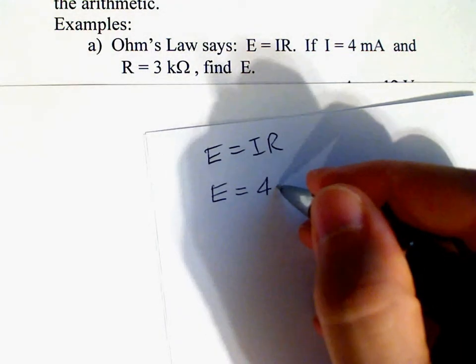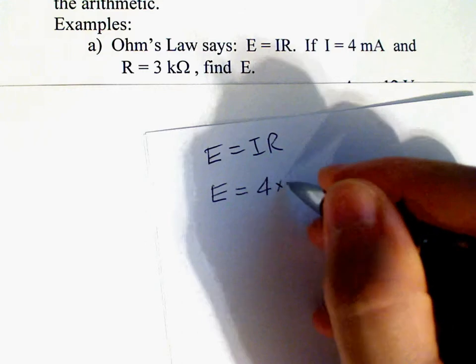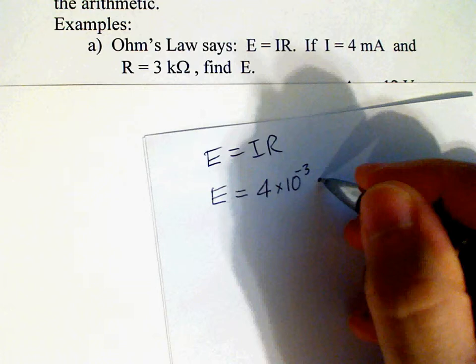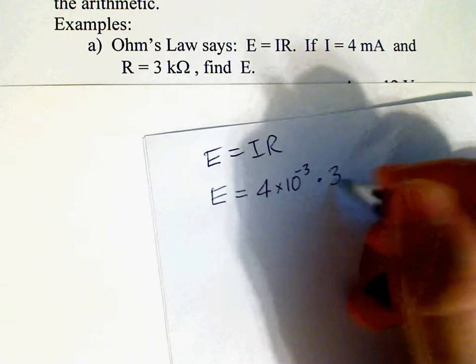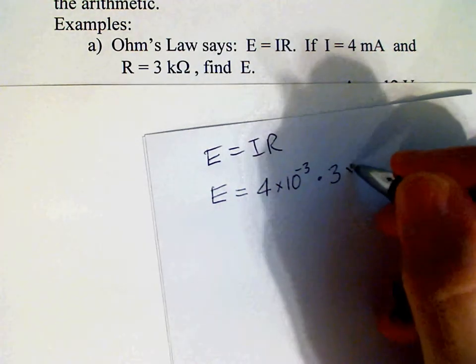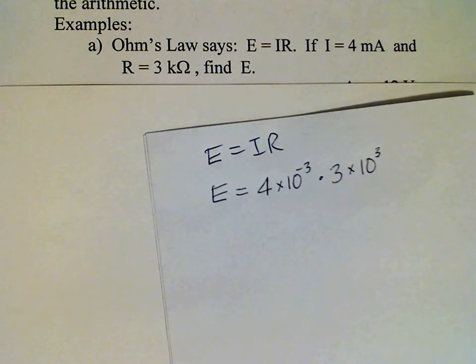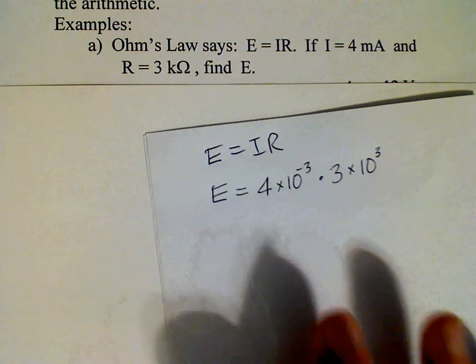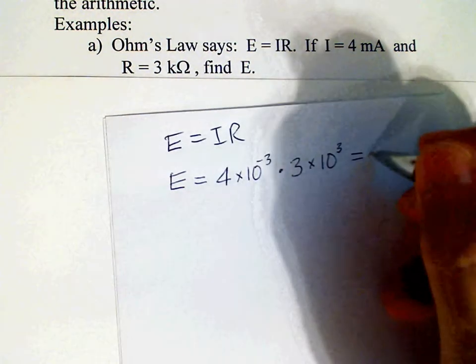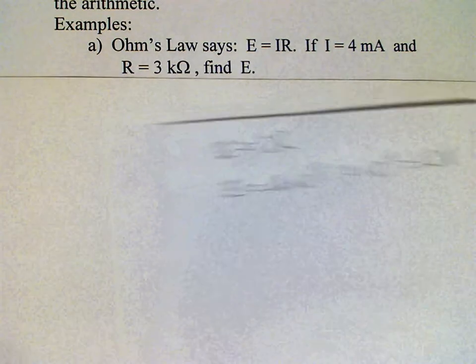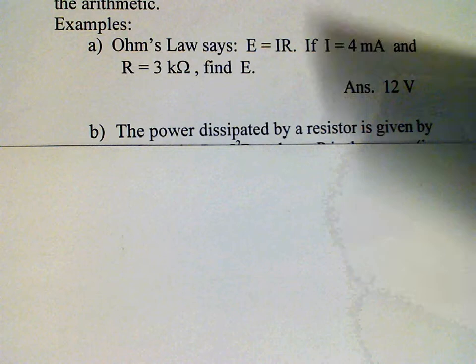I is 4, and the milli means that we have 10 to the negative 3. And then R is 3, and the K means we have 10 to the third. So we see the powers of 10 cancel, and the answer is 12 volts.